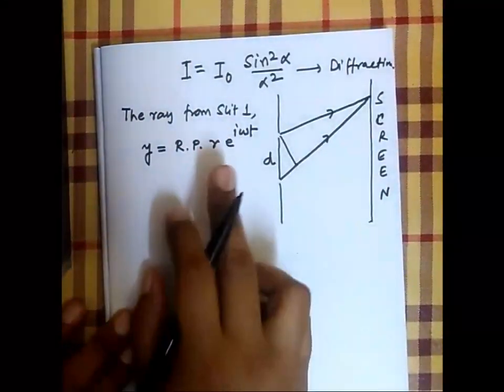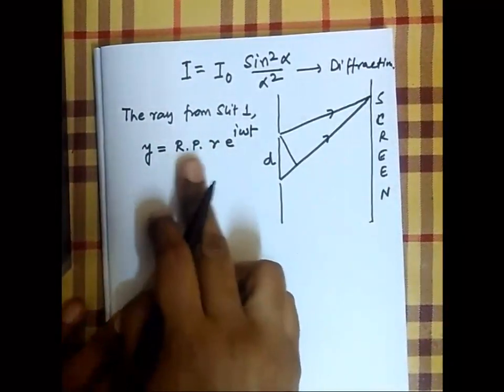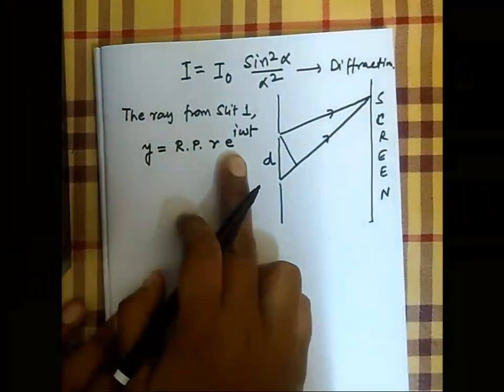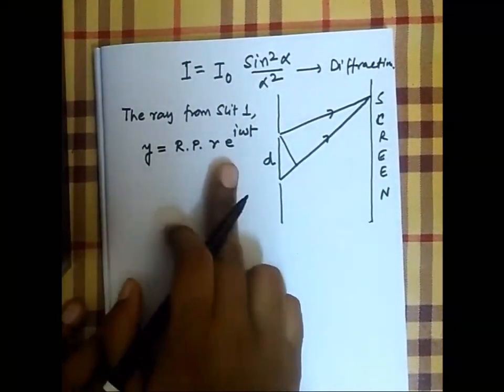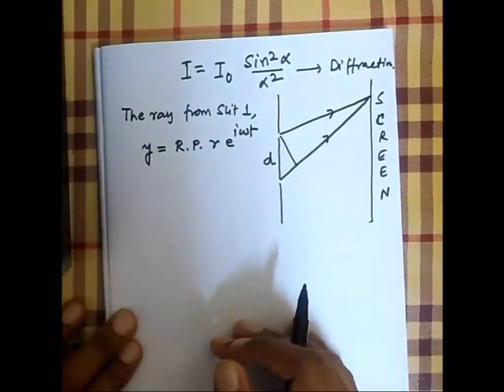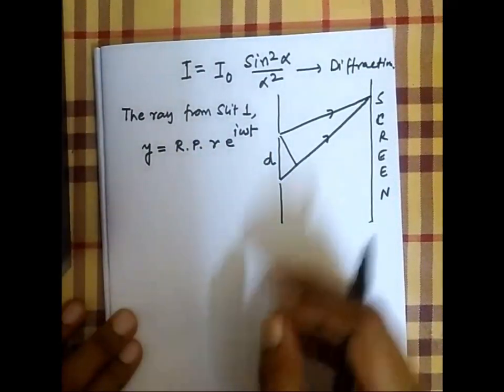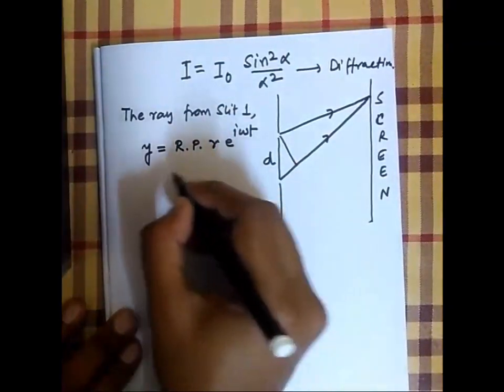Instead of considering cos omega t, I am considering real part of e to the power i omega t. You know that real part of e to the power i omega t will be cos omega t only. But we are considering this in terms of exponential so that we can extrapolate the problem in a much easier way to more than one slit. So this is y1.